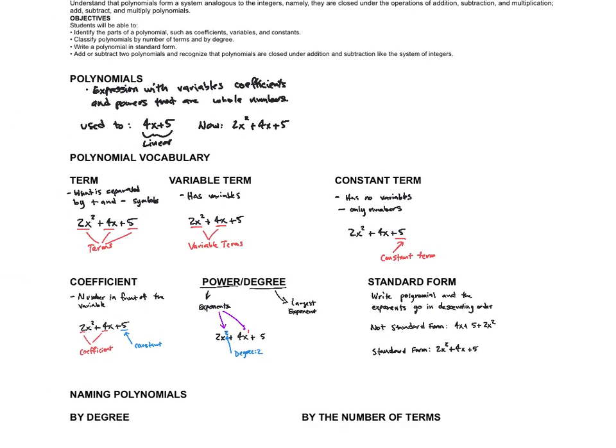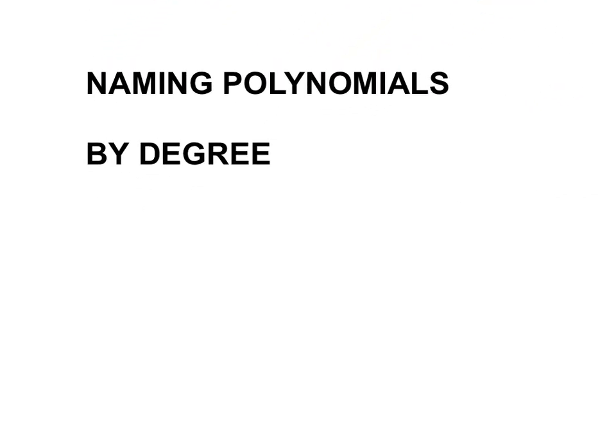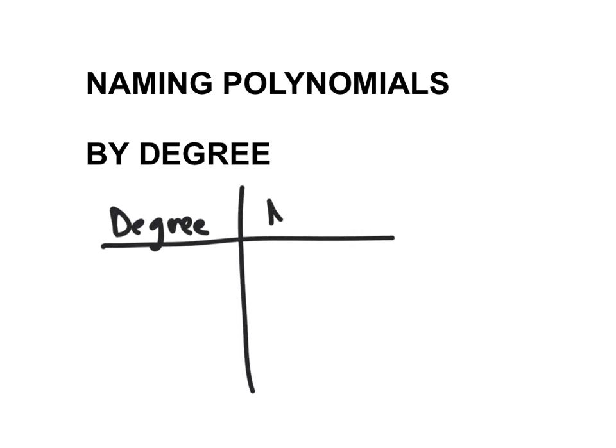I'm trying to make this as simple as possible, all right? But we can also name polynomials by degree, okay? So let's say that I have this. I'm going to write degree here, make a table, and then write the name.